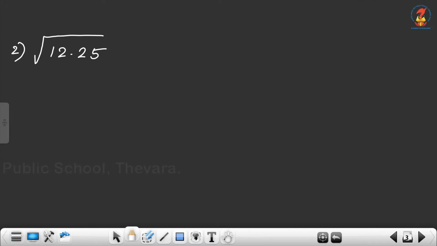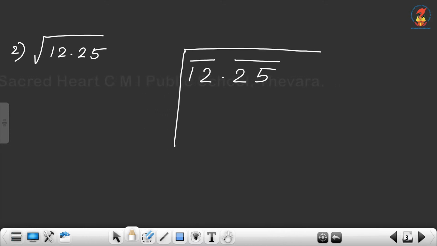Now, next example, 12.25. Now, the whole number part, you have to put a bar over the whole number part also, starting from the right side. Then, decimal part, you have to place bars over every pair of digits starting from the left side. So, 2 and 5 will come in one group, therefore, you can put a bar over. Then, think of the largest number whose square is less than or equal to 12.